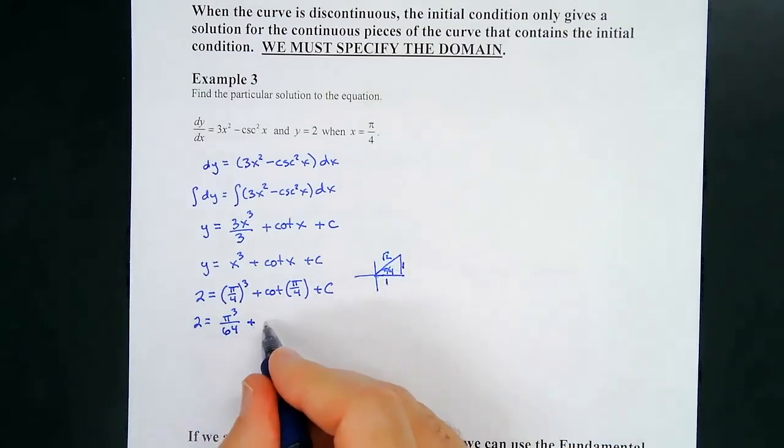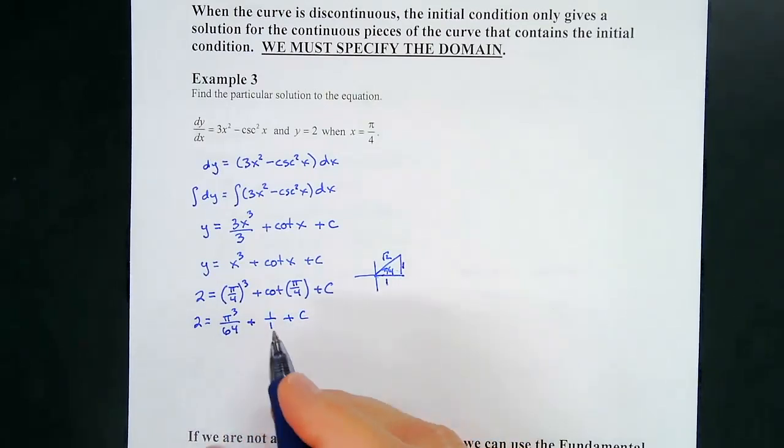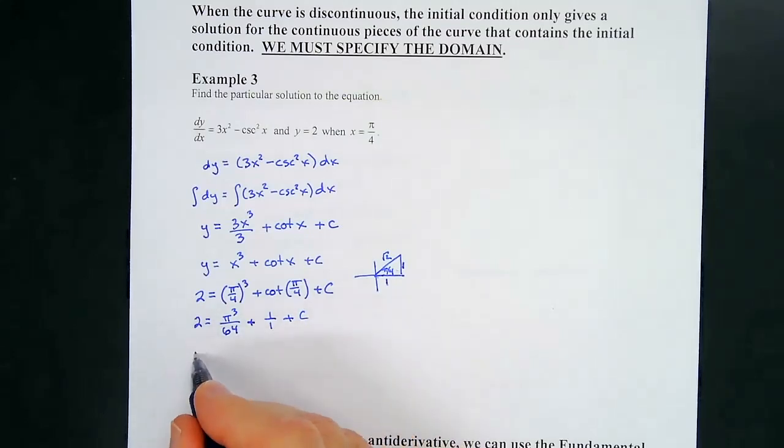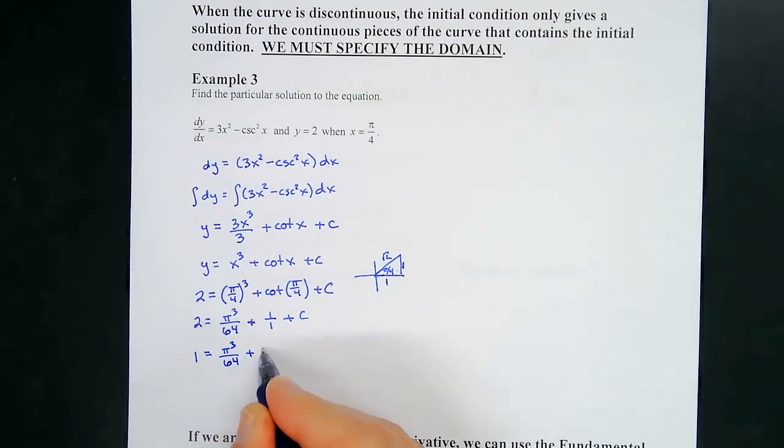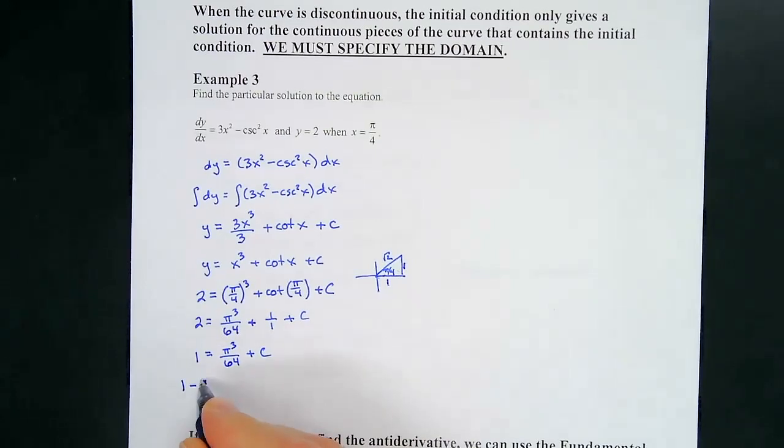So this is going to be plus 1 over 1, or 1, and then plus c. So I'm going to move the 1 over, and I get 1 is equal to pi cubed over 64 plus your c. So you could move that over and you get 1 minus pi cubed over 64 is equal to c.